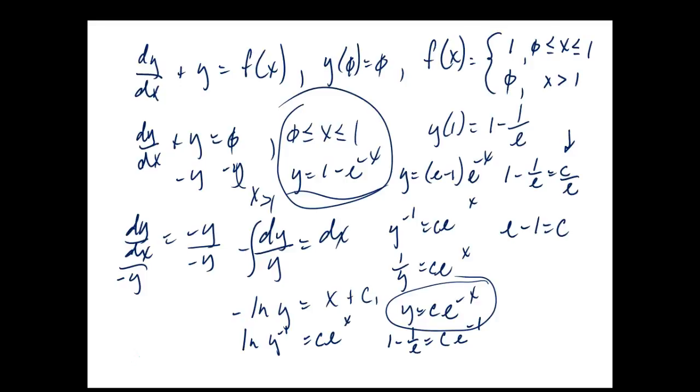And then we wanted the y to be continuous, so that's what gave us the second part. And here's what those two functions are. The first part is good for 0 less than or equal to x less than or equal to 1. This is good for x greater than 1.